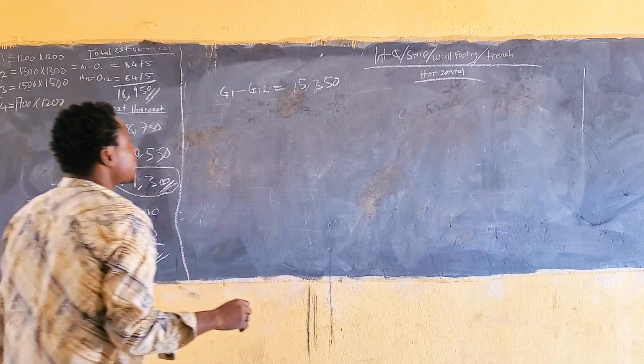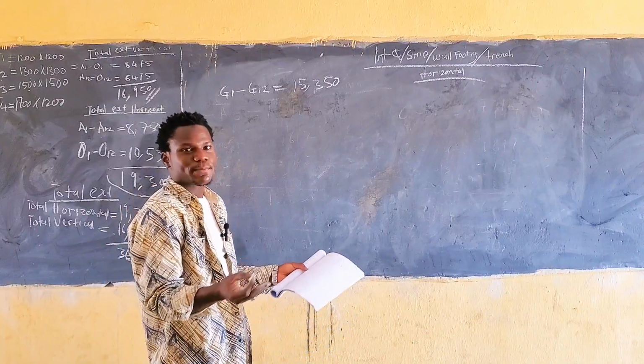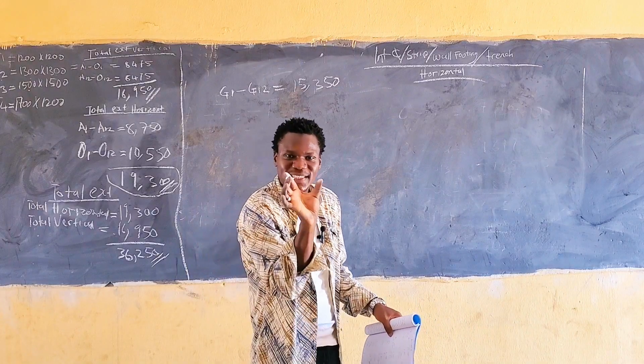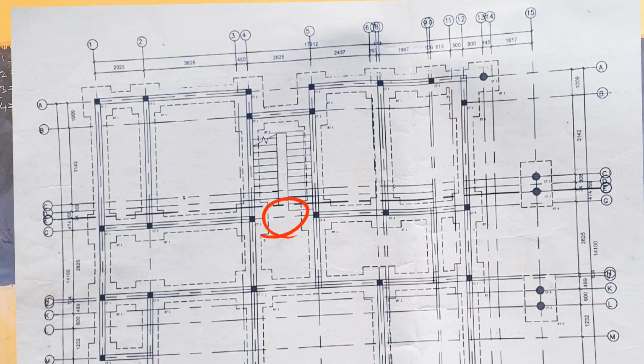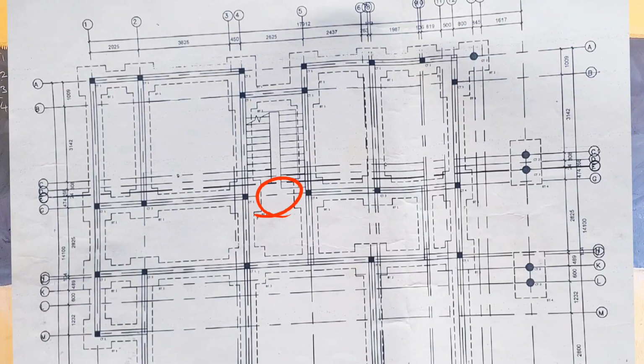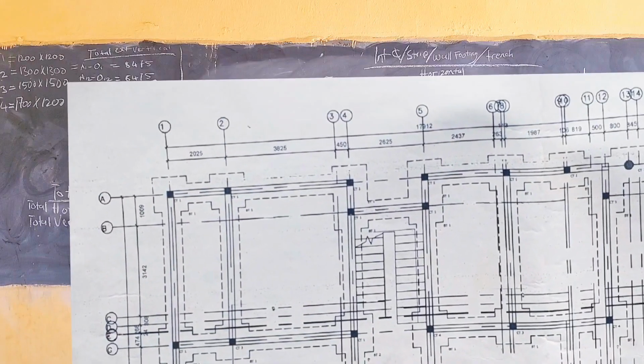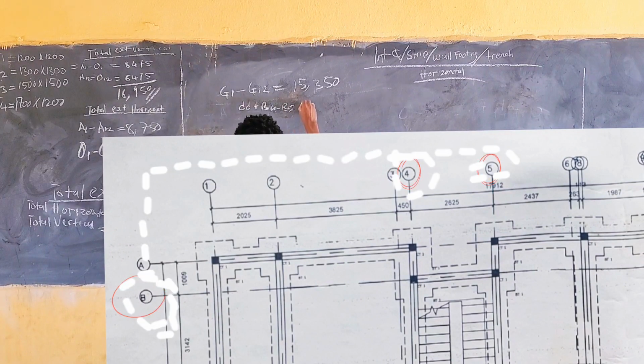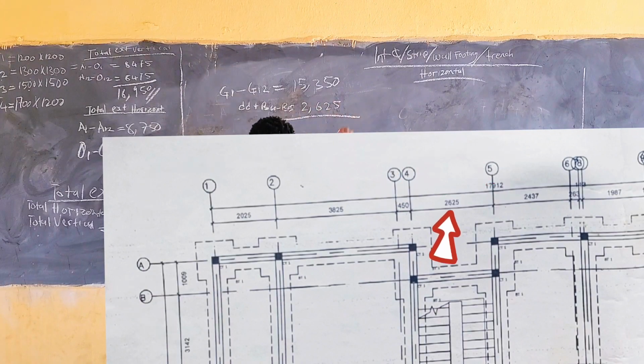Taking from G1 to G12, actually, if you look at the plan, you can see that's two different wall footings or two different strips. But I took it as one unit to save time. So the space that is between them, we are going to deduct it. And the space is what? B4 to B5, which is giving us 2,625. Deduct it.